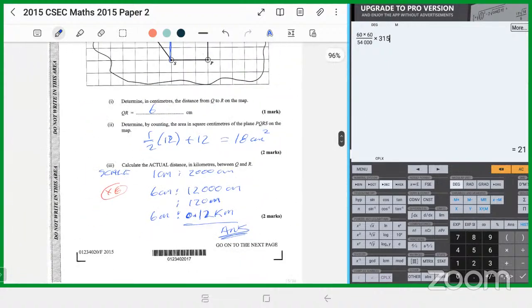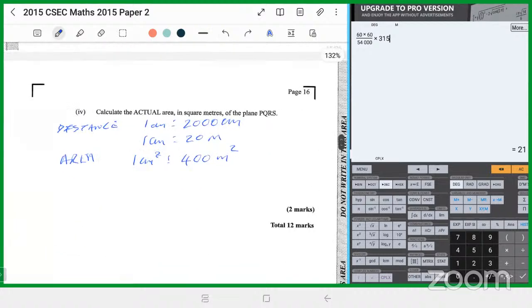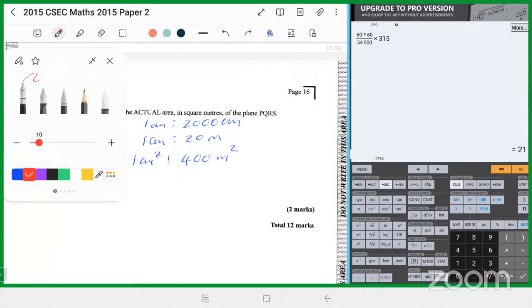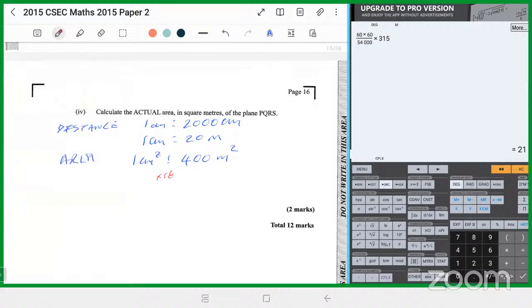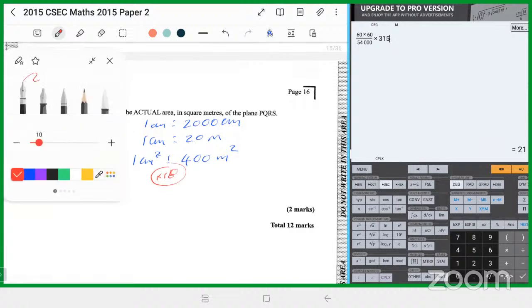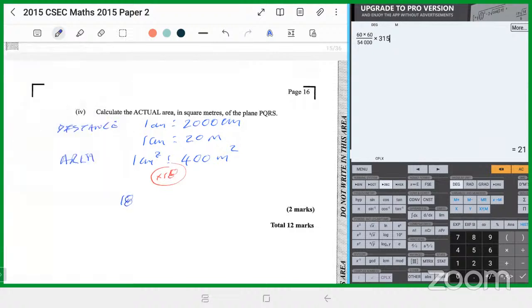And then now you want to know what this 18 centimeters squared is. That was the area of the map. So now we're going to have to multiply this ratio by 18 to see what 18 centimeters squared is. 18 times 400 gives you 7,200. 7,200 meters squared.